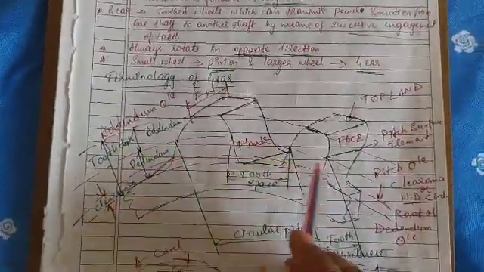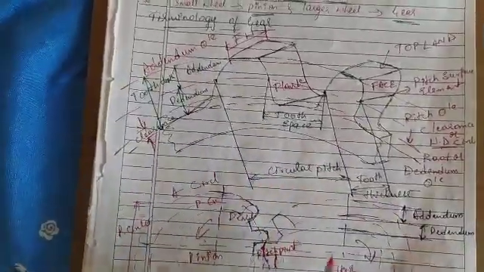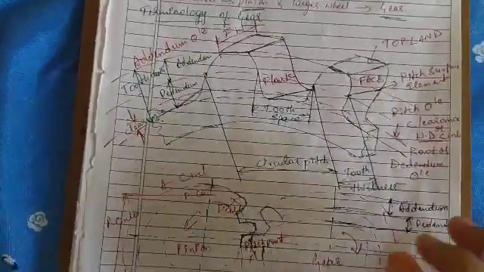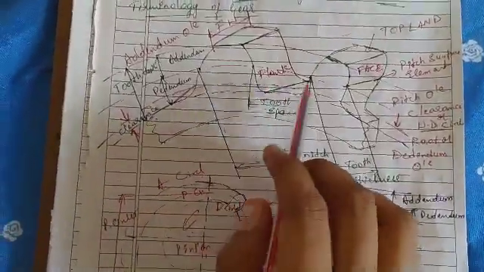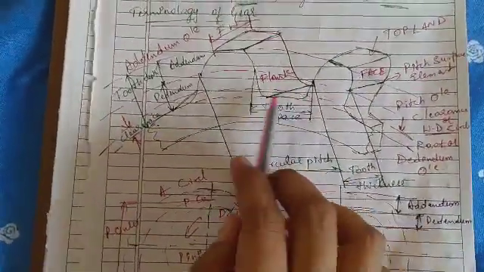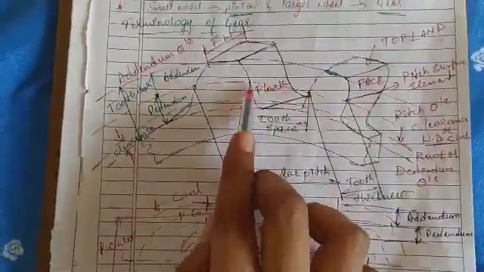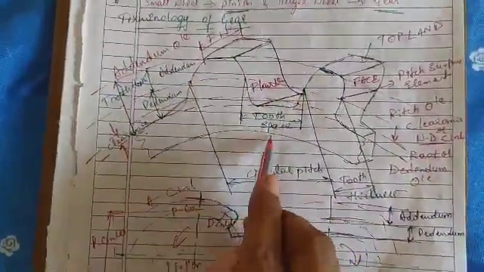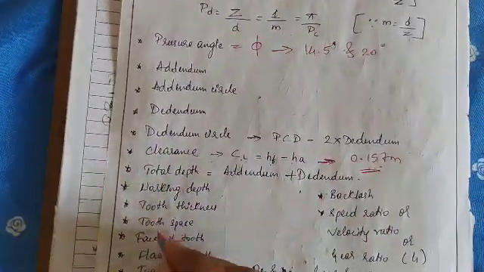So this is the pitch circle, and that width we call tooth thickness. And the tooth space is the gap or width of the space between two adjacent teeth, from one tooth to another. That is the tooth space.